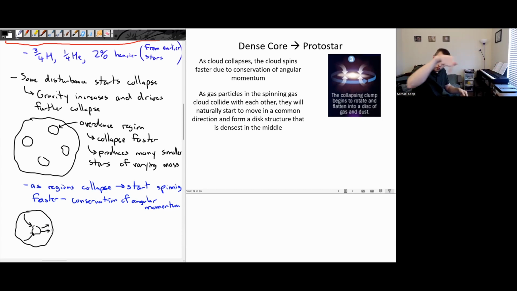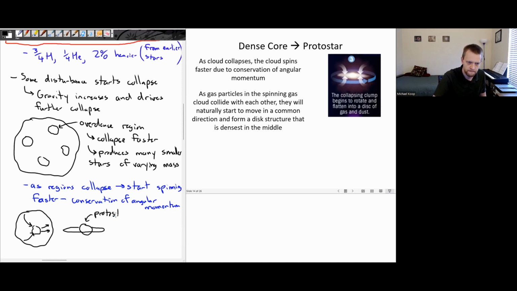So we're going to get this overall rotation of this cloud. So we're going to get the protostar in the middle and this disk of material around it. So we have our protostar, and what's called a protoplanetary disk.